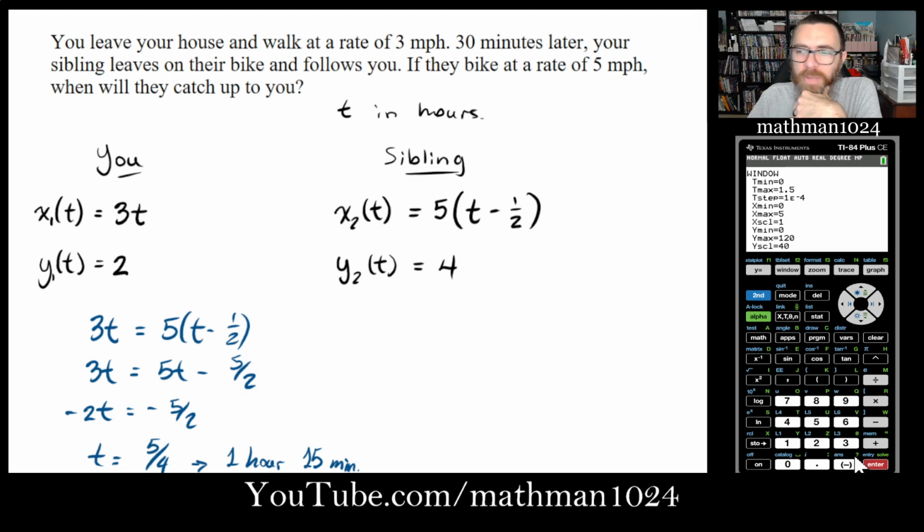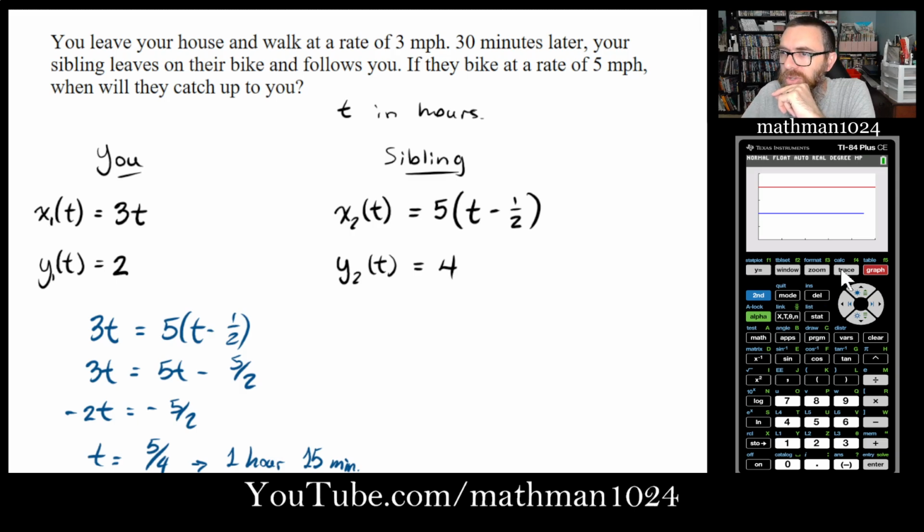And the y-min, of course, is 0. Let's go to 5. So we're going to have each of you with your own paths. Now let's graph this. So there is you, and then there is your sibling. Too bad it can't graph these at the same time.